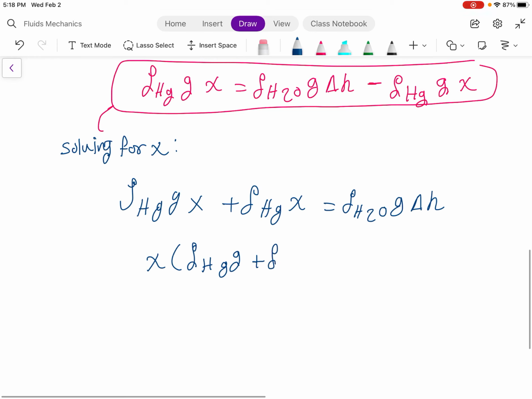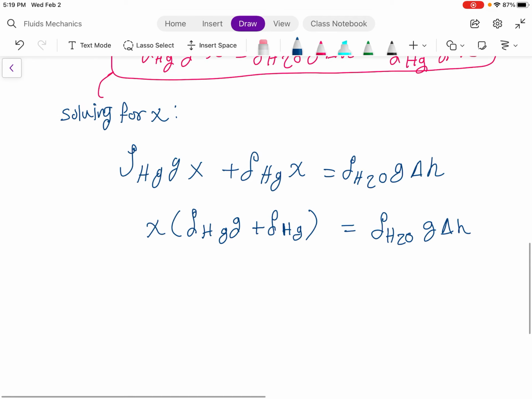You get the density of G. Alrighty. And then this is equal to density of water. G delta is the same thing.